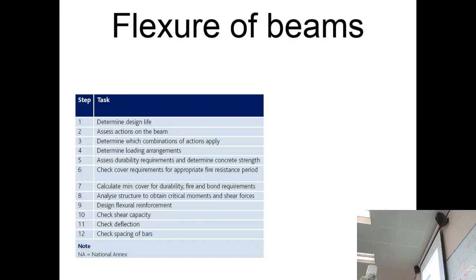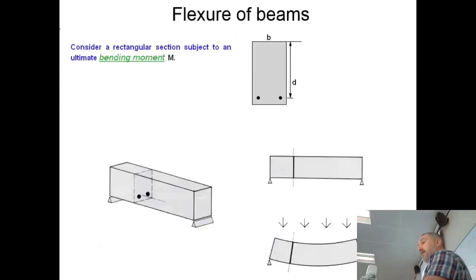Then after that you start looking at the beam for the flexural reinforcement and the shear. So this is where we are now, and by next week we should have done at least the spacing of bars. I think Chandler's going to be doing shear capacity with you. So we'll go through how they gather the formula for designing beams.